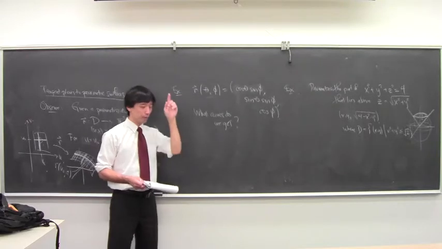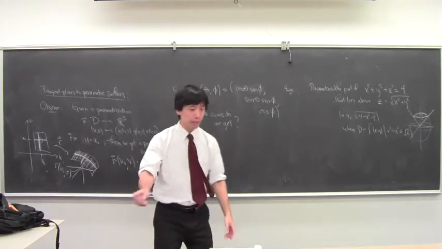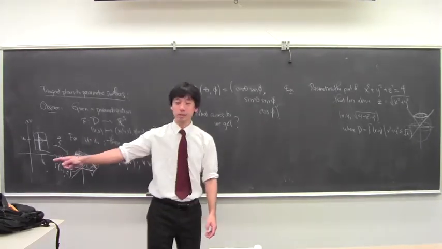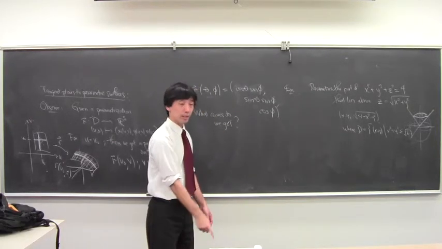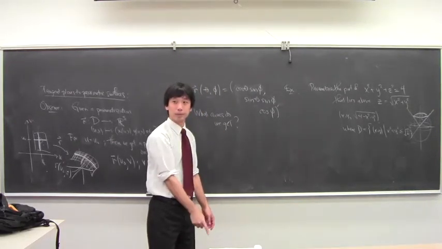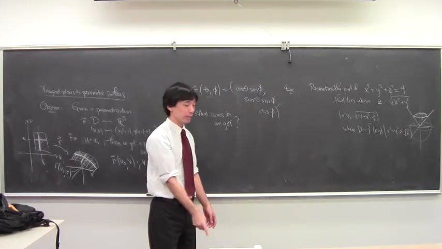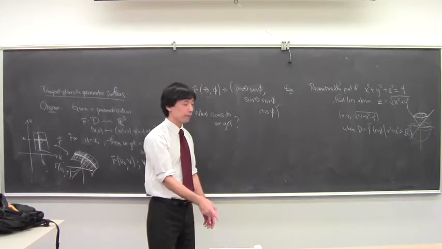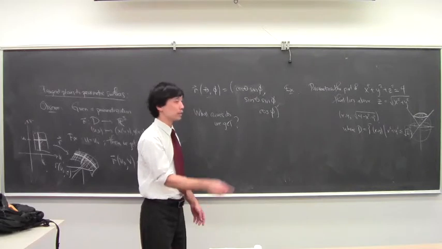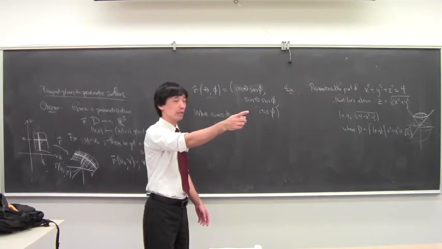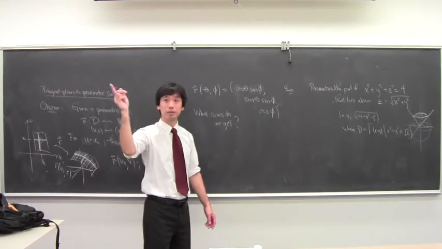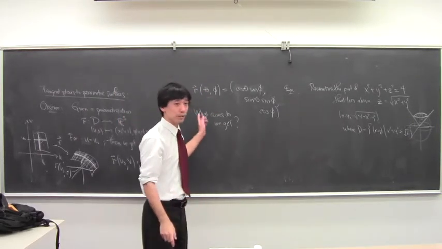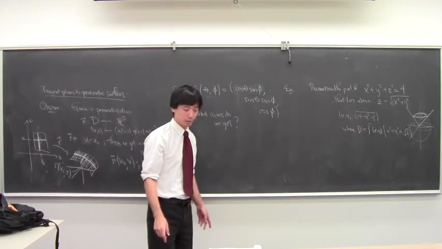So the theta is telling you where you are this way. You fix the theta and let the phi vary. That's going to give you vertical lines down the sphere. If conversely you fix the phi and then let the theta vary, you're going to get latitudinal lines. So the first one gives you longitudinal lines, the second one gives you latitudinal curves.